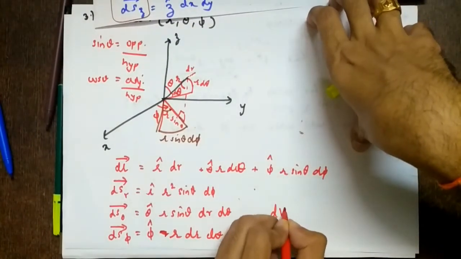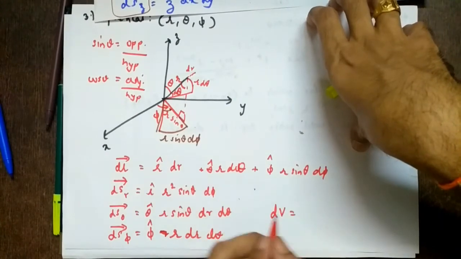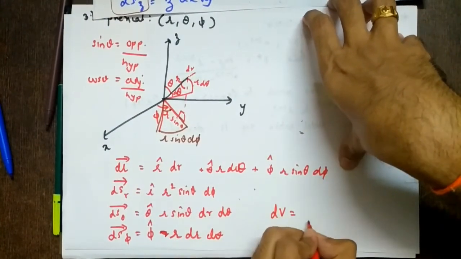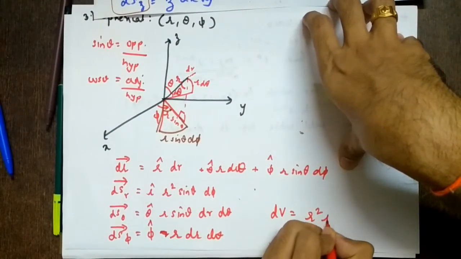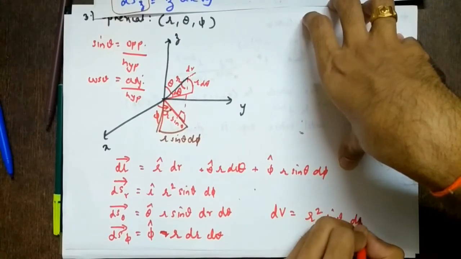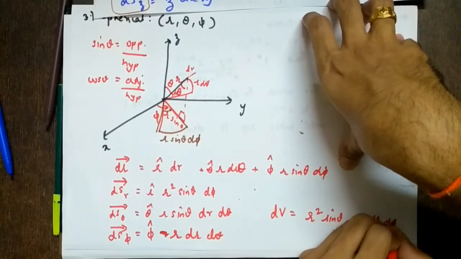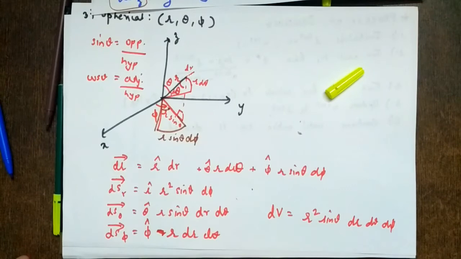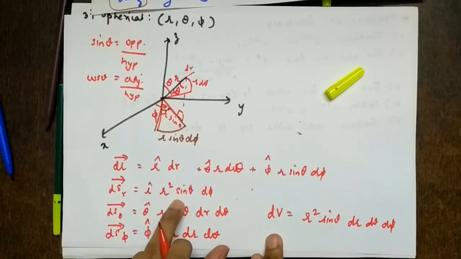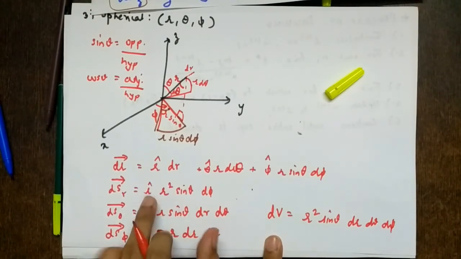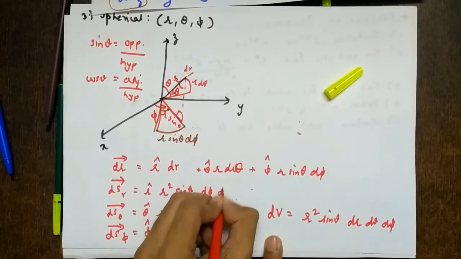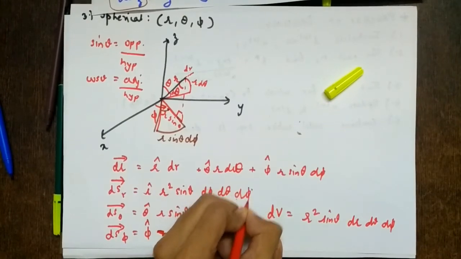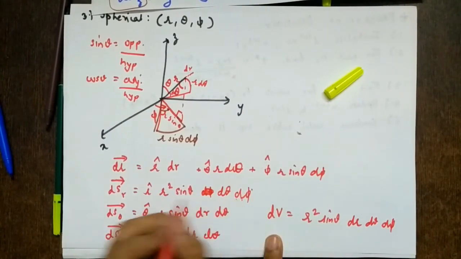Then finally dv will be what? Multiplication of all these three without the vectors. So r square sin theta dr d theta d phi. Okay. Have I made a mistake here? For r cap, I missed d theta. So r square sin theta d theta d phi.